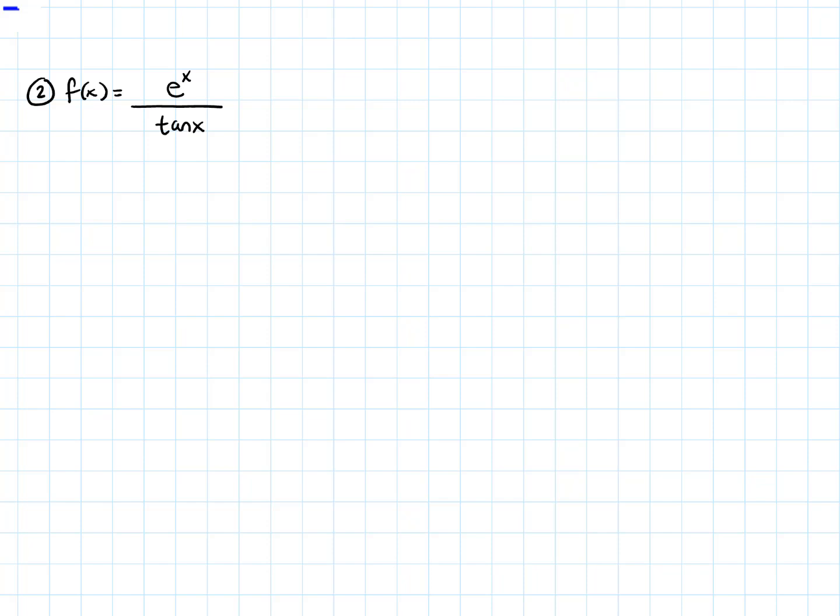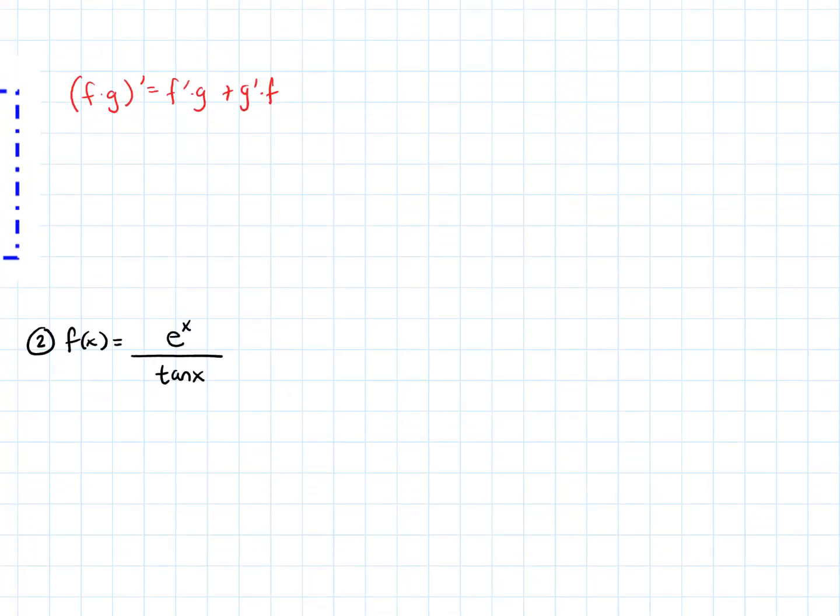The quotient rule says that if you have f over g, the derivative is f prime times g minus g prime times f, all over g squared. Utilizing that, we're going to take this derivative, because this is our f and this is our g.